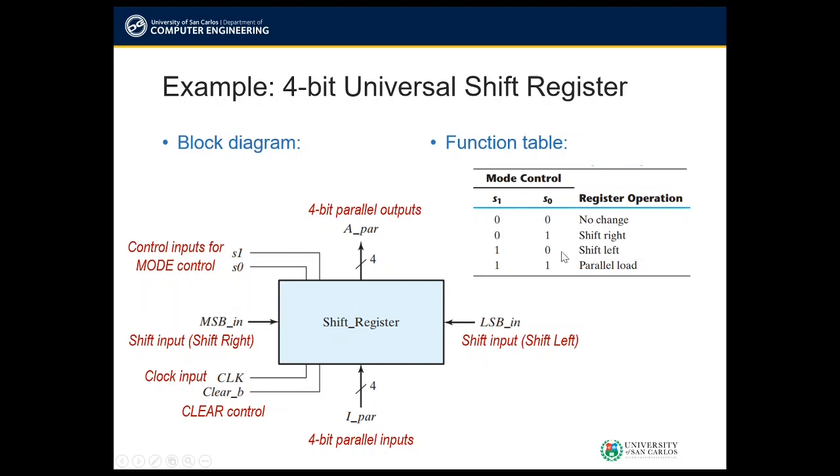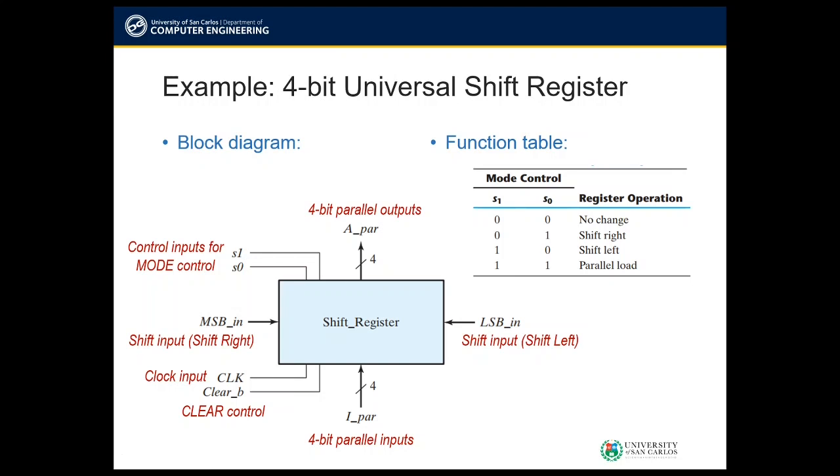Since we have a shift left, this is the shift input for the shift left operation. And finally, since we have a parallel load operation, we need 4-bit parallel inputs. Likewise, we also need 4-bit parallel outputs, 4 bits because this is a 4-bit universal shift register.